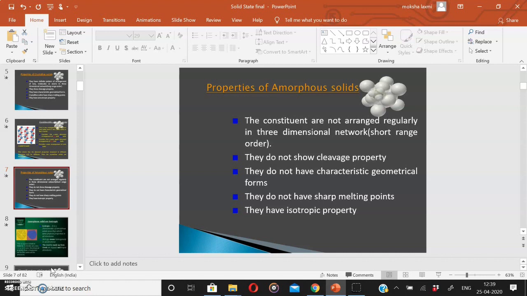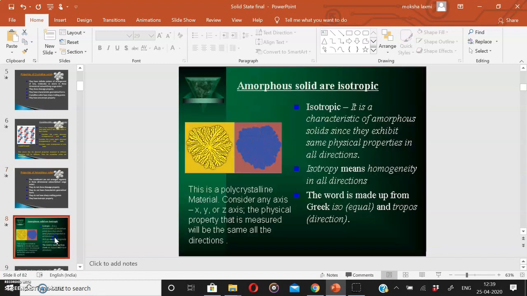And the last one, they have isotropic property. Just now you understood anisotropy. Now we will try to understand the meaning of isotropy. Iso means same or equal.